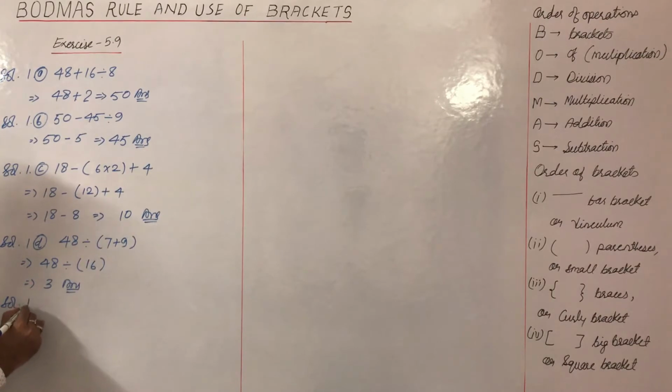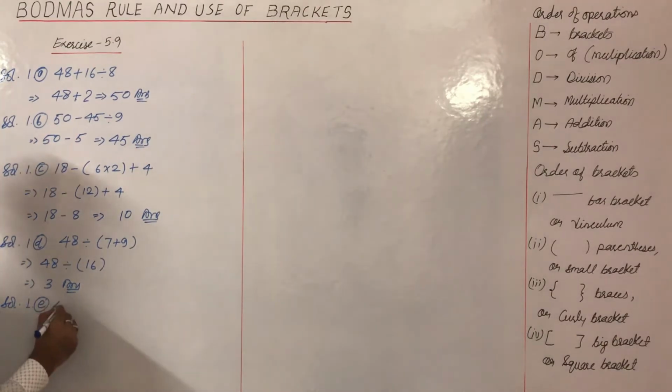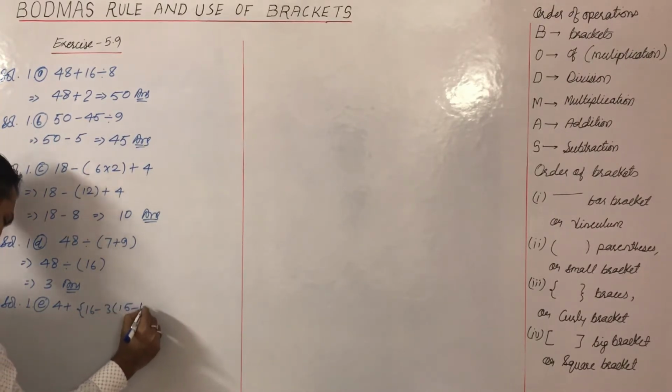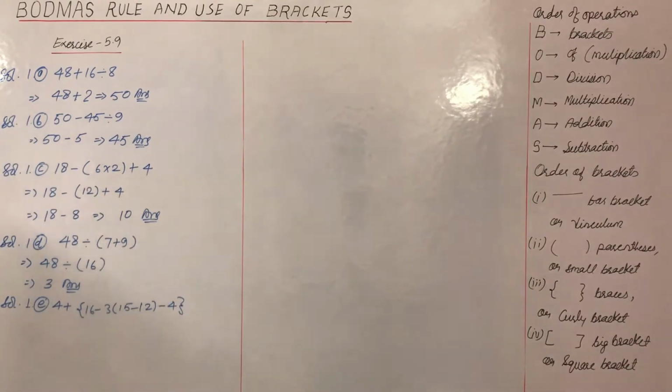Next, part E. 4 plus curly bracket 16 minus 3, then 15 minus 12 minus 4, curly bracket closed.